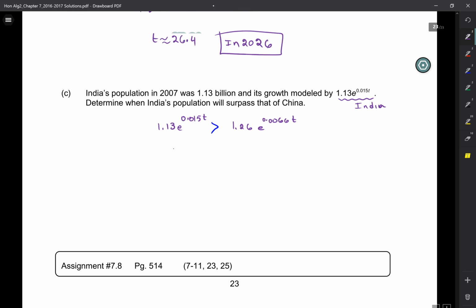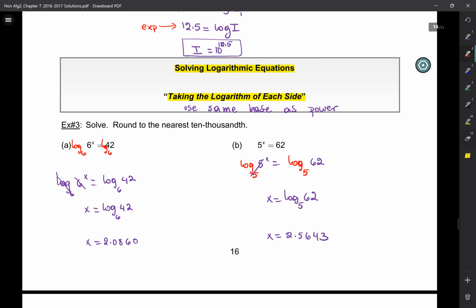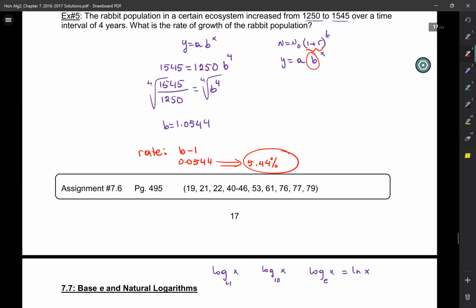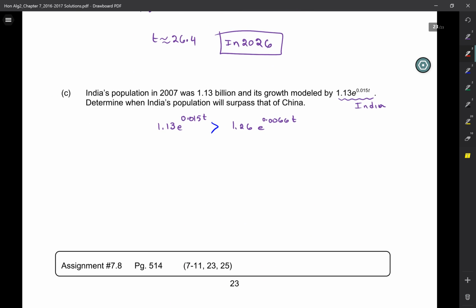So we divide 1.13 over 1.26. Let me pause this for a minute. Exactly what we did here, where we were taking the logarithm of both sides, this was in section 7.6. We're going to do the same thing here, but with ln. So I want to take the ln of all of this and the ln of all of that.